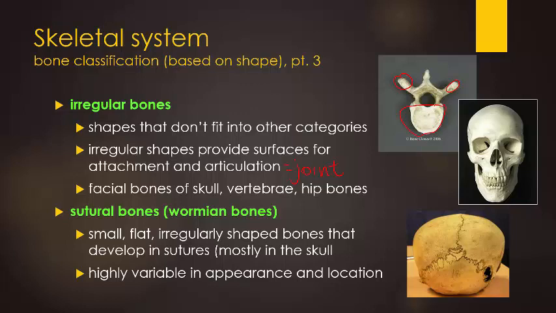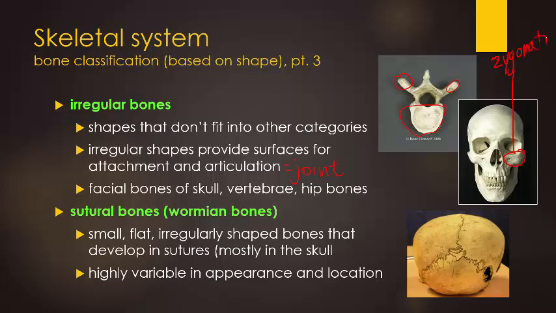So, for instance, these processes that come off of the spinous processes coming off of the vertebra. This is a vertebra with its processes. Those lateral processes have bearing surfaces where we see little joints that help to support the movements that are associated with the spinal column. The facial bones of the skull, for instance, the cheekbone here, called the zygomatic.